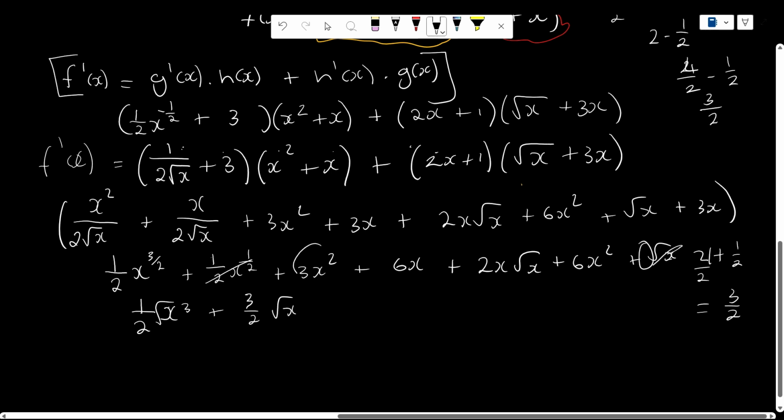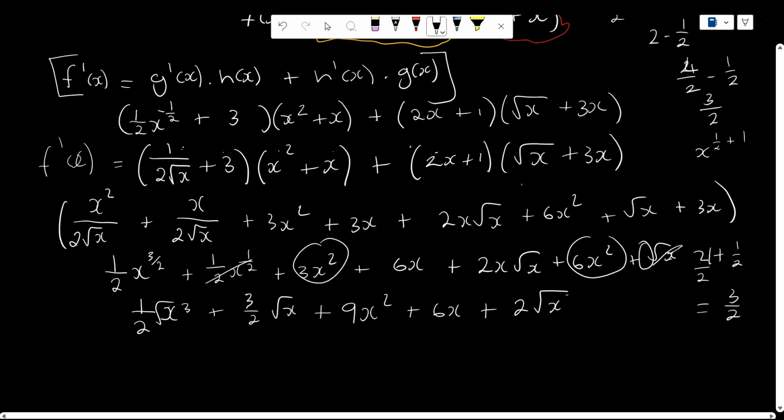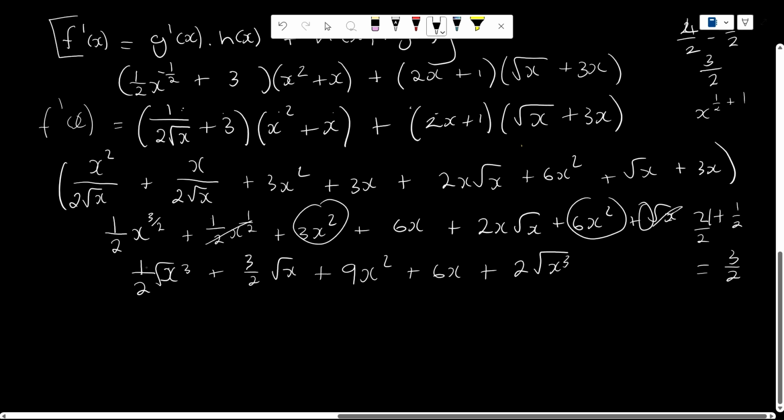And then I can see that this one is not the same as that one, but they are like terms, hence I have 9x squared, and then plus 6x plus, if you add these two, that's x to the half plus 1, that's the same as 2 square root of x cubed, right? So again, here I can see these two are like terms.